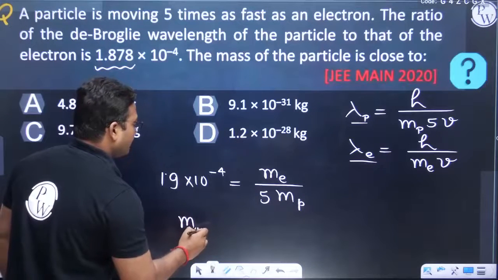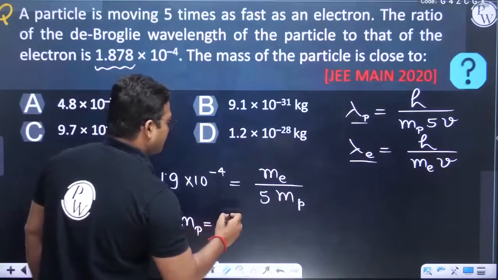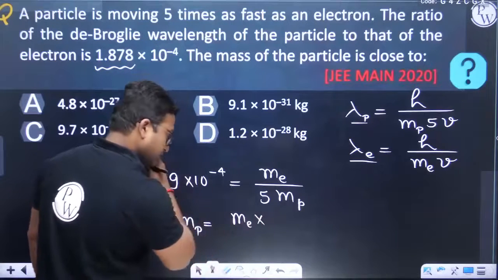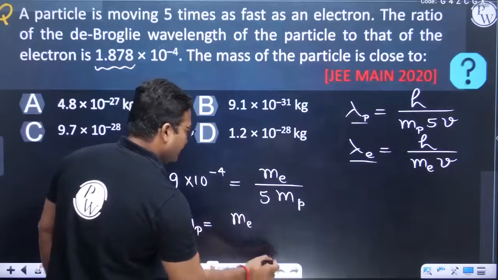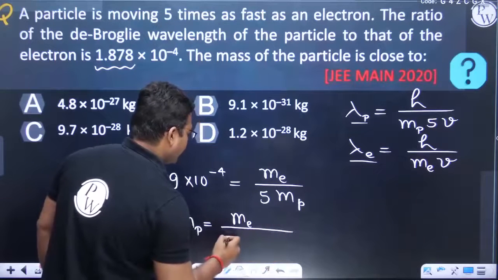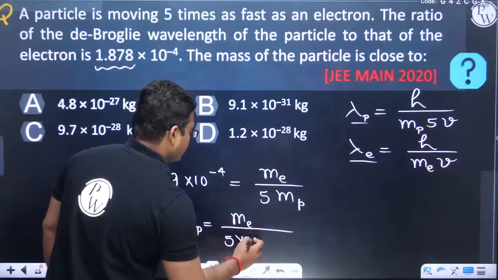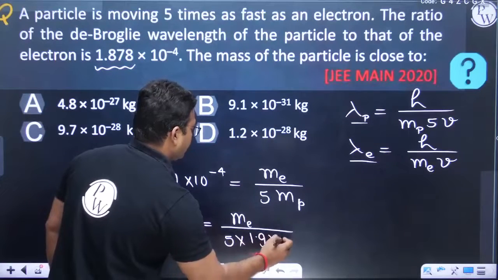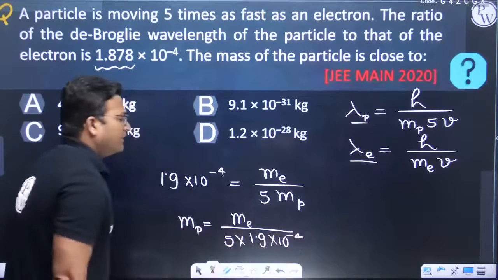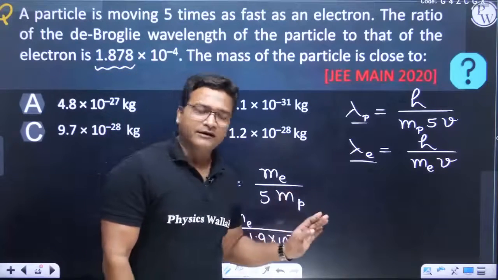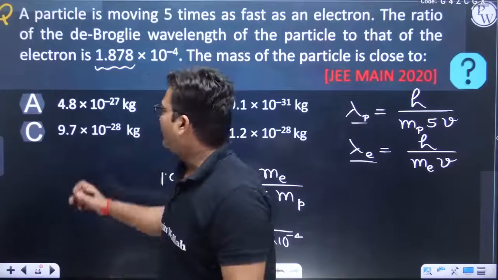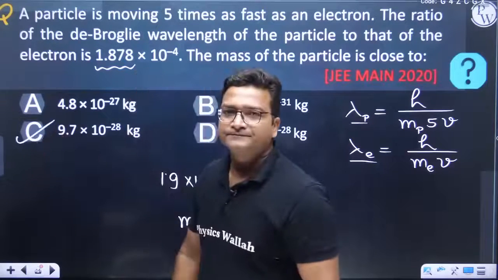So mass of particle equals mass of electron divided by 5 times 1.9 times 10 to the power minus 4, and solve it clearly, and you will see the answer is going to be this.